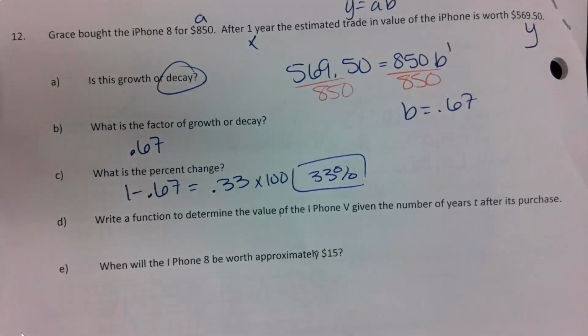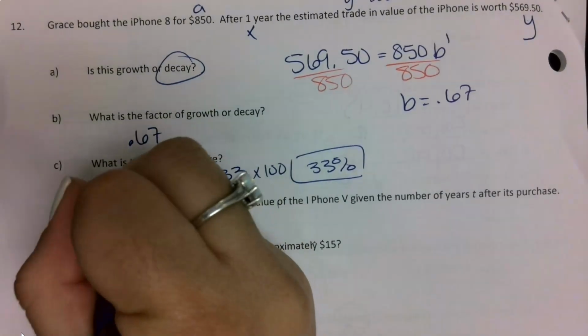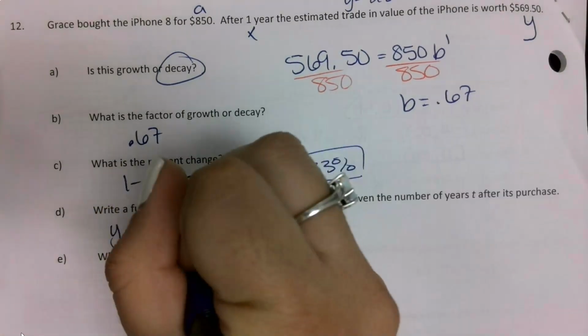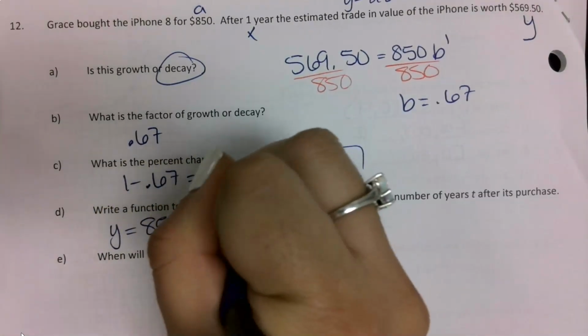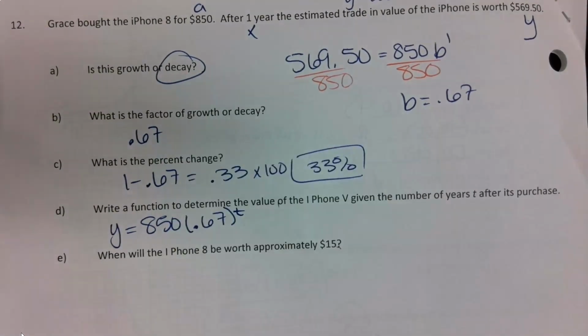Use the function to determine the value of the iPhone given the number of t years after. So y equals, I know it starts off at 850, then my number in the parentheses is 0.67, the growth or decay factor, and then it says it's t years.